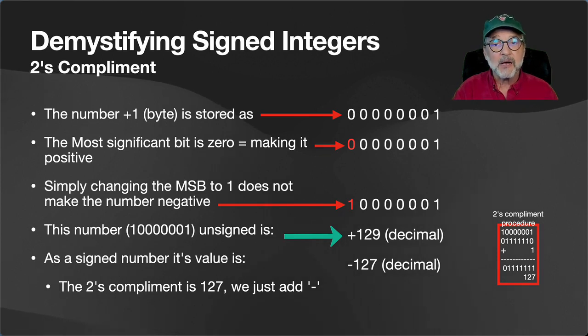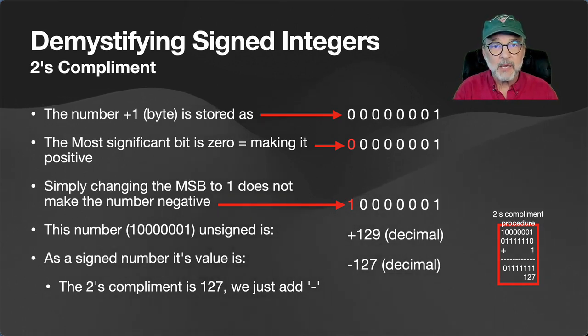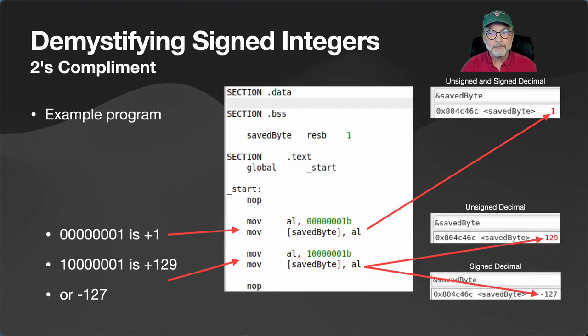So in the case of 10000001, as a non-signed or just positive number, it's going to be 129. However, if you use that most significant bit as a signed bit, then the value is actually going to be a negative 127, taking 127 and converting it into 2's complement.